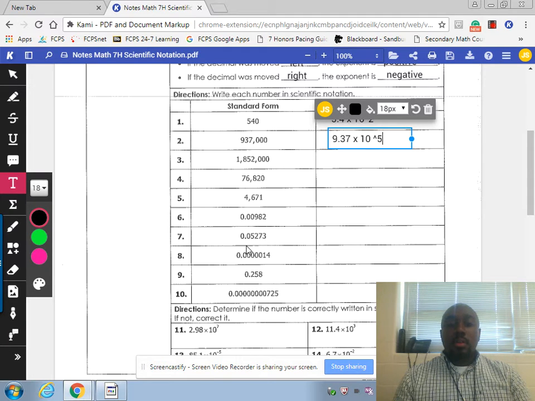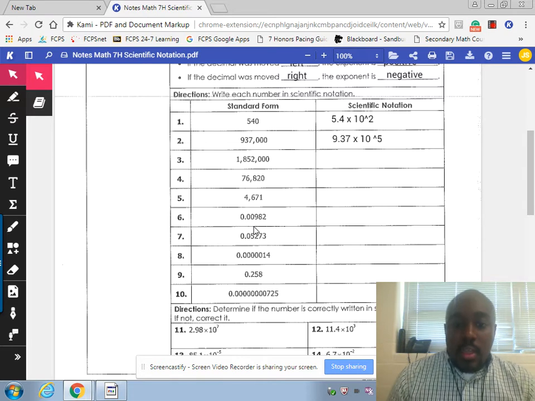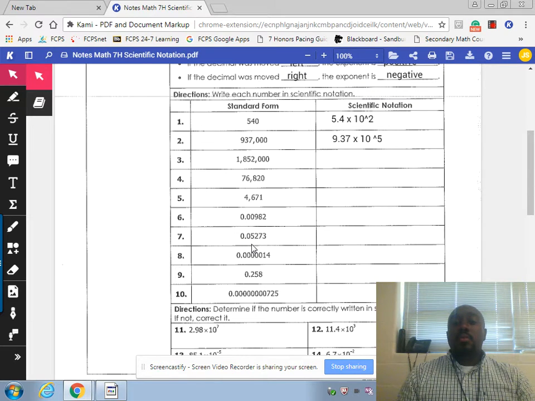Before we continue on, I want to do an example where we're changing a small number to a larger number. In this example down here, we have 0.00982. Right now the decimal is right here.